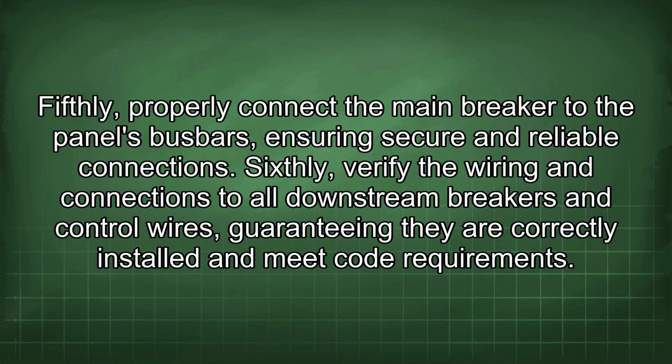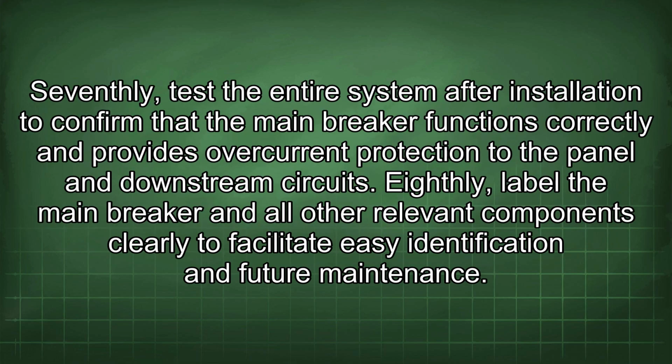Sixthly, verify the wiring and connections to all downstream breakers and control wires, guaranteeing they are correctly installed and meet code requirements. Seventhly, test the entire system after installation to confirm that the main breaker functions correctly and provides overcurrent protection to the panel and downstream circuits.